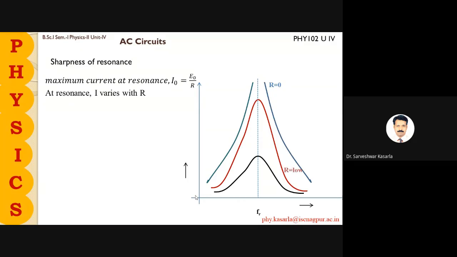If you increase R further, the curve is shown by the red curve, and if you increase the value of R further, the current will vary as shown by the black graph. So to get sharpness in resonance, you have to reduce the resistance.